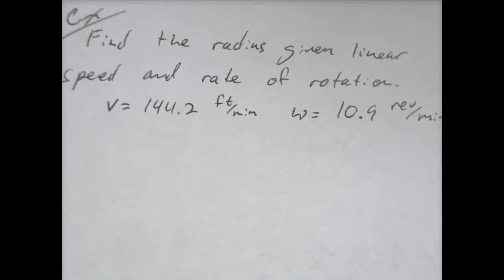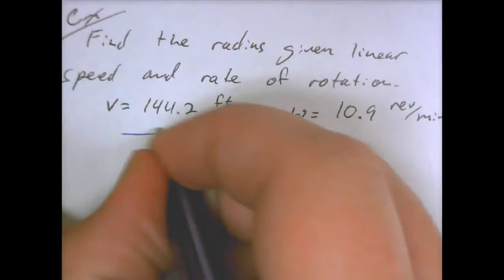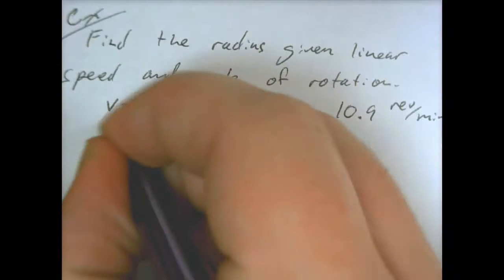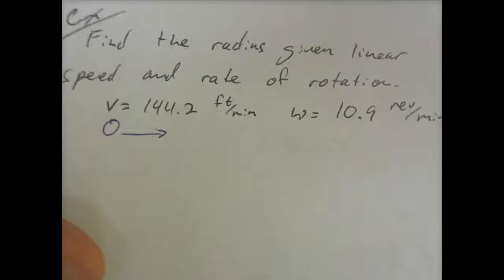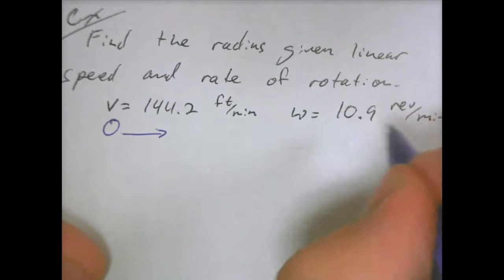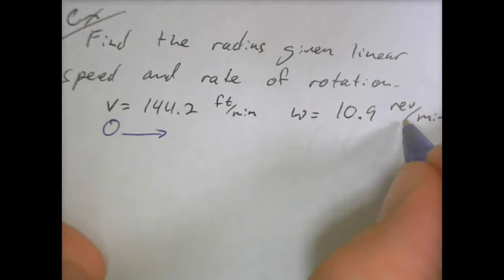All right, check this one out. I like this one because we have to think a lot in this one. So it's an awesome problem. With this, velocity means how fast the thing is going. So say we have a ball and it is rolling 144.2 feet per minute, and it is revolving, so going around in a circle, and it is making 10.9 revolutions per minute.